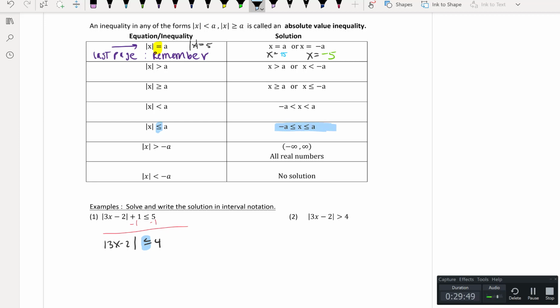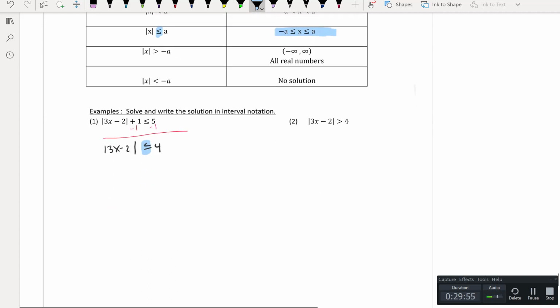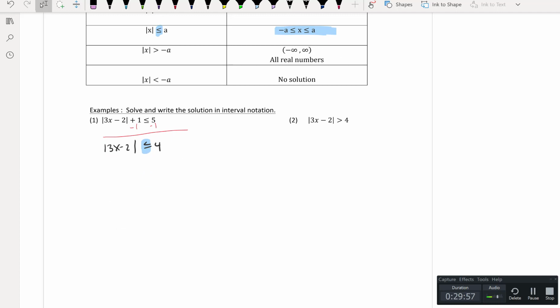So remember, my a value here is really that 4, and that x is everything inside the absolute value. That's everything that's unknown. So if that's the case, I know that the negative of that value is a negative 4. And I have less than or equal to. Everything that's still in the absolute value gets written down. And then I have my positive 4.